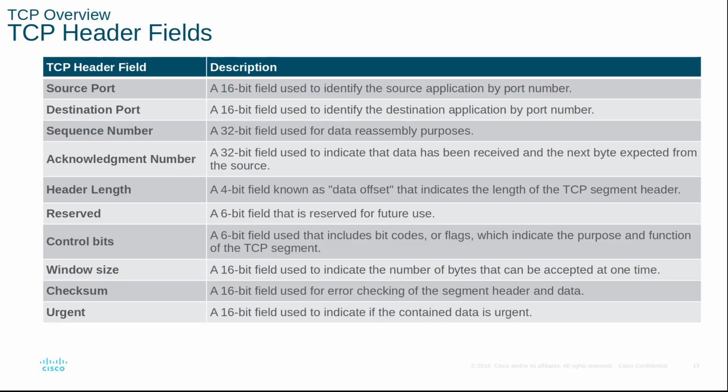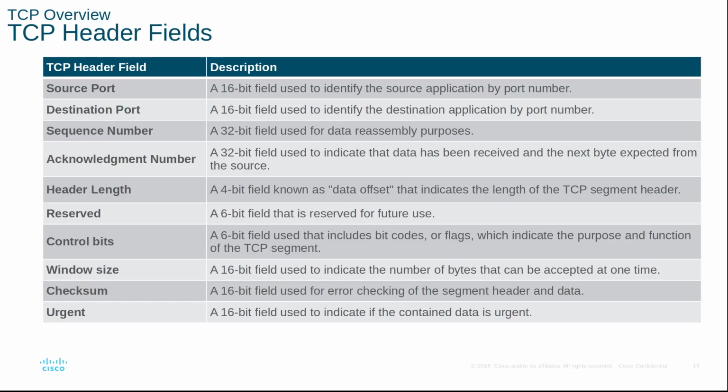There's common port numbers, which we're going to look at. A sequence number, so this is a 32-bit field, and it's used to reassemble the data in the proper order. And an acknowledgement number, this is used to indicate that the data has been received and what the next byte is expected to be from the host.